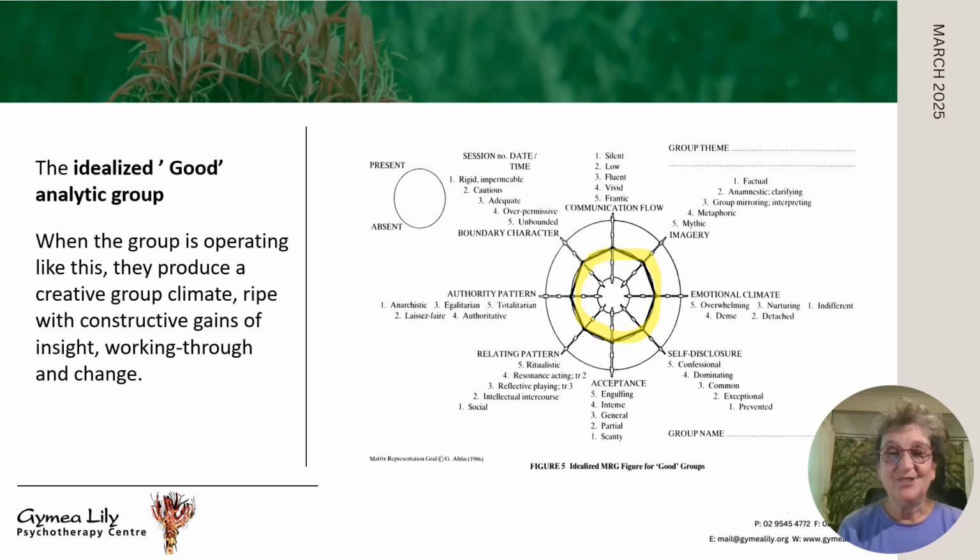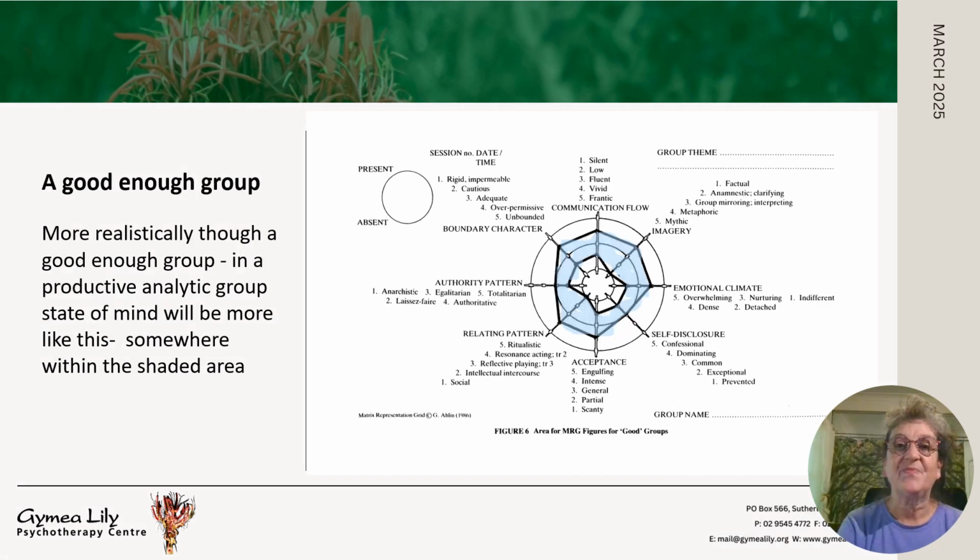But most of the time, you're obviously not going to have the perfect group. So what does a good enough group look like? Here I've tried to map it. If you're in this blue area, you can be proud of yourself. More realistically, a good enough group, in a productive analytic group state of mind, will be somewhere in that shaded blue area.